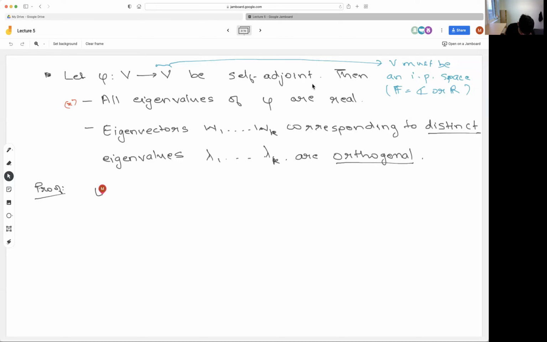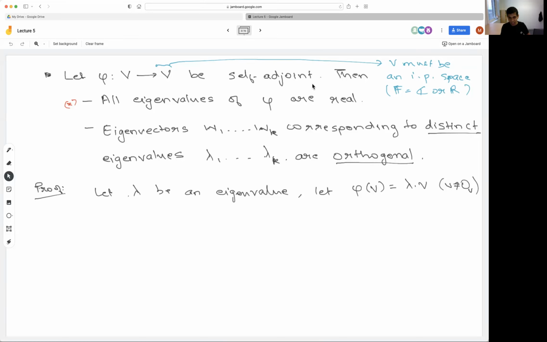So let lambda be an eigenvalue. In general, lambda can be an element of the field, or a complex number if the field is complexes. If the field is reals, then there is nothing to say. And let V be an eigenvector. So we have phi of V equal to lambda times V, and V is a non-zero vector.